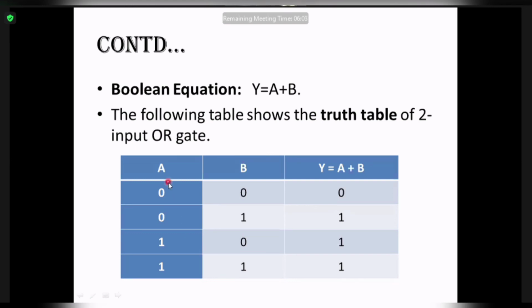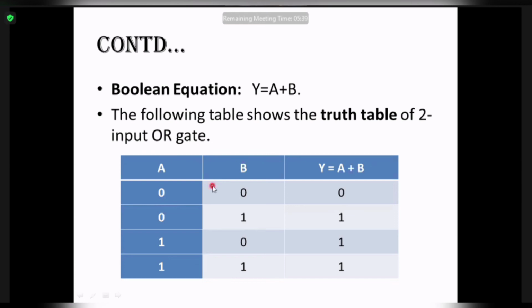Now, in the first input column, you will write 0 two times and 1 again two times, right? In the second input column, you will write 0 and 1 alternately. As you can see over here, it's written 0, 1, 0, 1. Understood? Now can you see this combination?